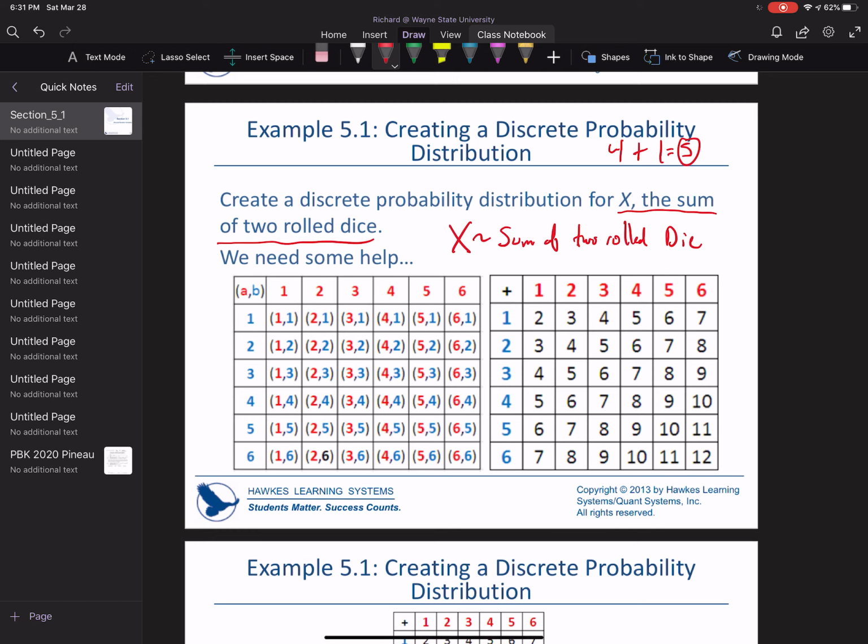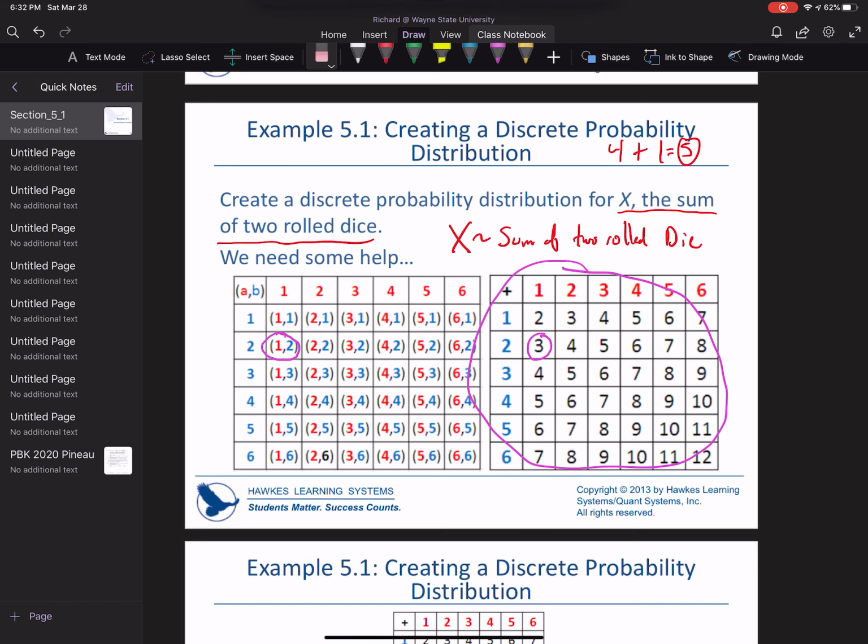So what I've got here are 2 charts. The chart right here shows us the ordered pairs that we get. Okay, so this is sort of building our sample space. What we're doing essentially is taking the ordered pairs, maybe this one, 1, 2, and adding them up. 1 plus 2 gives us 3. So this distribution here are actually all of the sums.